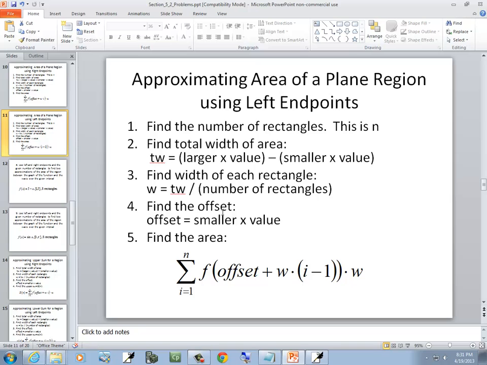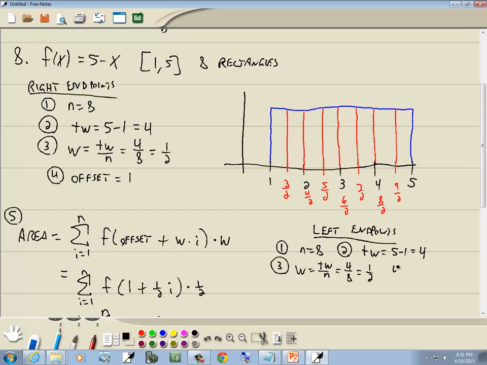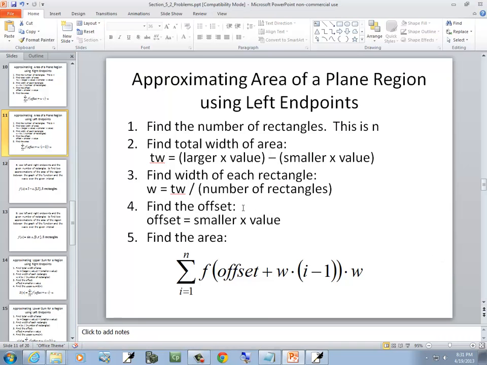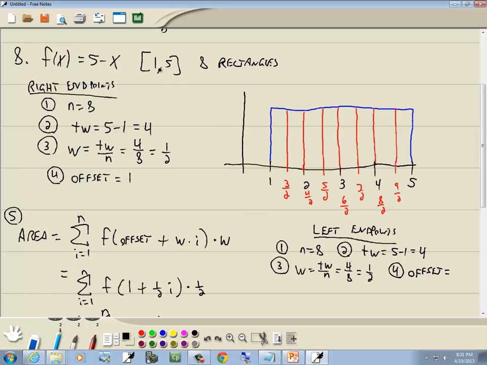Step 4, find the offset. Offset is equal to your smaller x value, which was 1. And now we're ready for step 5. Find the area.